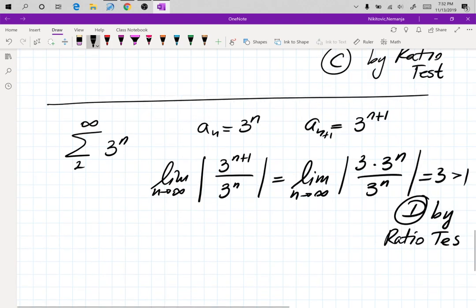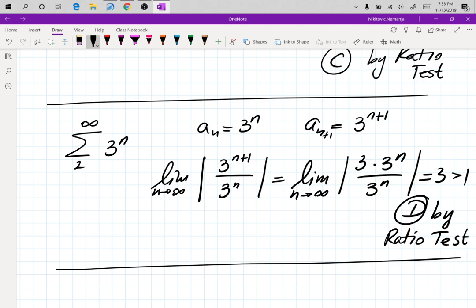So I hope you understand the way the test works. Your job is to extract a_n, make a_(n+1), stuff that into the limit, and work the limit out to get less than or larger than 1. If you get 1, the test is inconclusive, and you have to use something else.